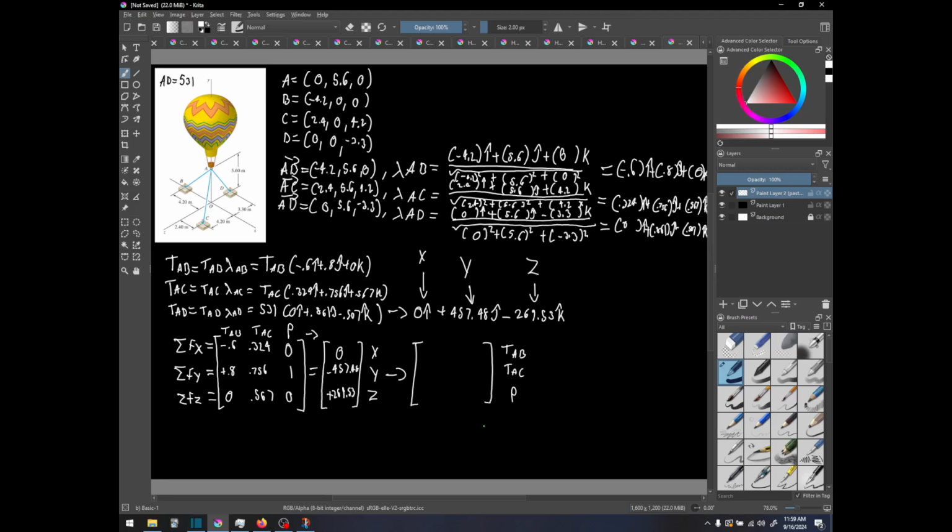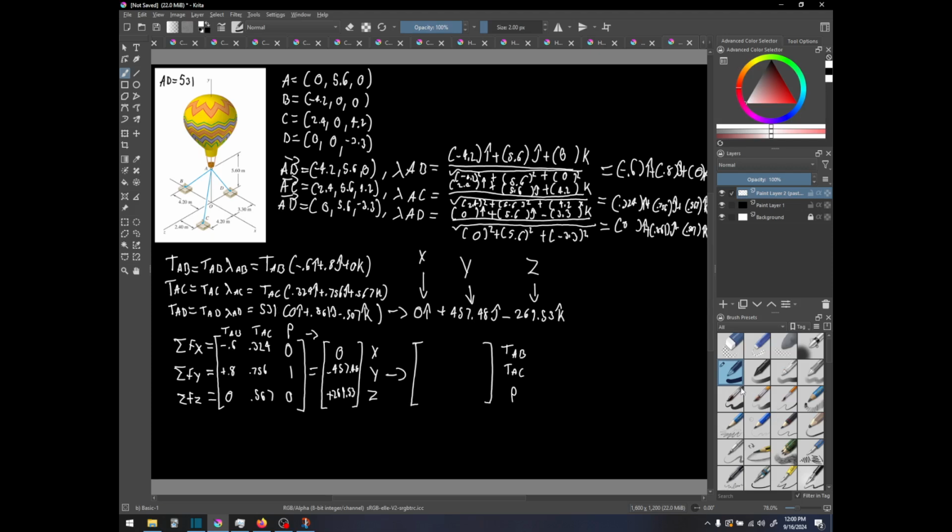Okay, let's plug these in. Negative 0.6, 0.324, 0, 0.8, 0.756, 1, 0, 0.567, 0, vector 1 done, vector 2, 0, negative 457.48. We have a positive 269.53.